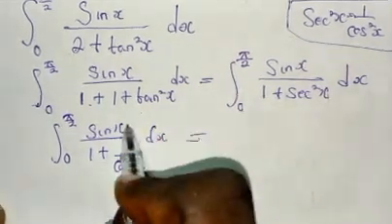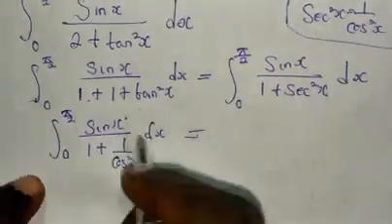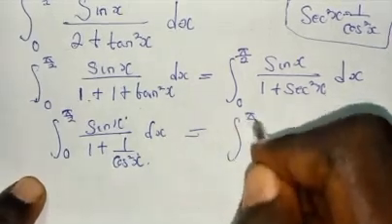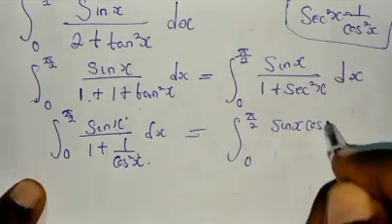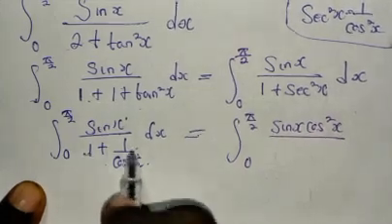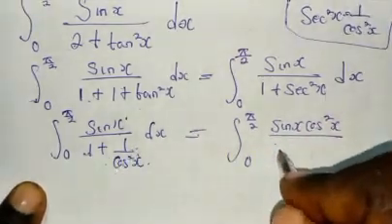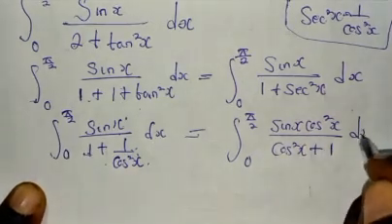Now we are going to multiply numerator and denominator by cos square x. So sine x multiplied by cos square x, we have sine x cos square x, and at the denominator, when you multiply both sides by cos square x, we are going to have cos square x plus 1 dx.